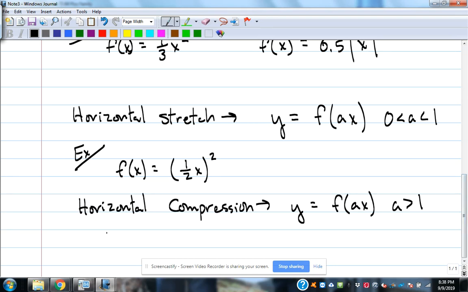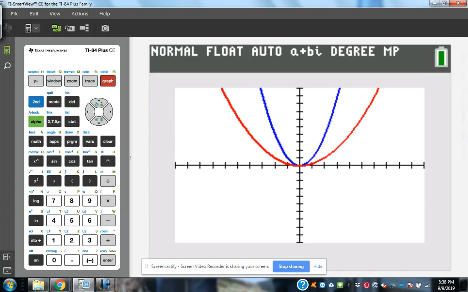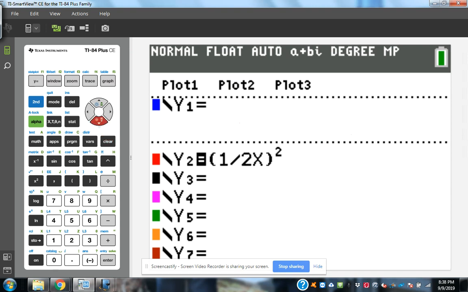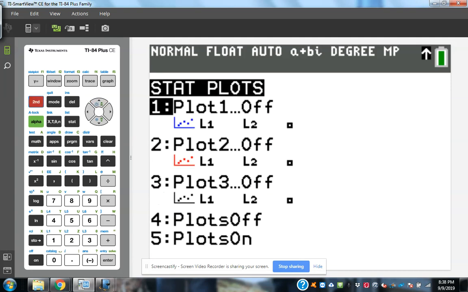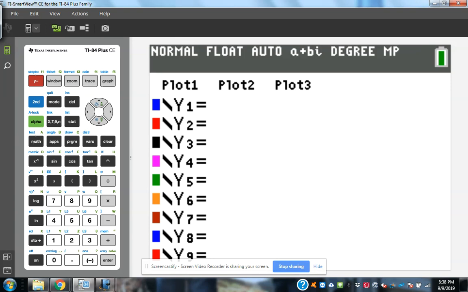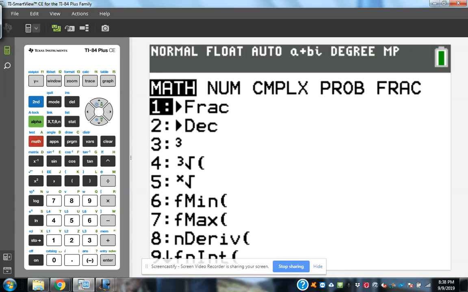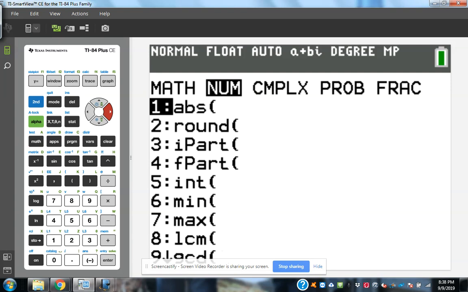All right. An example of that would be taking f of x and maybe the absolute value of 3x. I'm going to show you how to do that with the calculator. So I'm going to clear out the parent function. To get the absolute value marks with the calculator, in y equals, you're going to hit math. You press the right arrow key, and that first option, ABS, stands for absolute value.